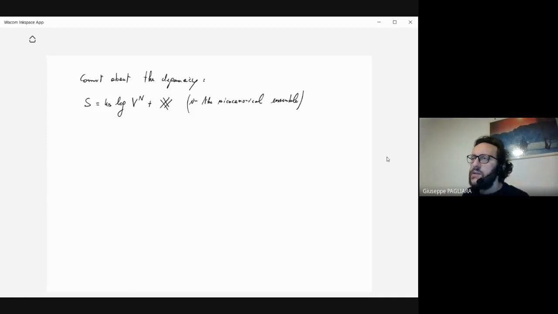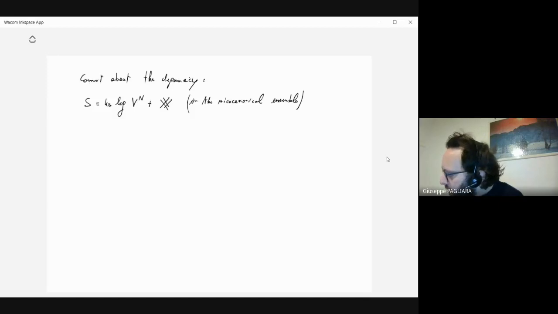Actually at some point we said this layer has the volume of the sphere, so basically what we have to compute is the volume of this sphere in the phase space, but this volume gets a term which is V to the power of n from the integral over coordinates, and then we have another term related to the integration of the momenta. But of course we have a log of V to the power of n.